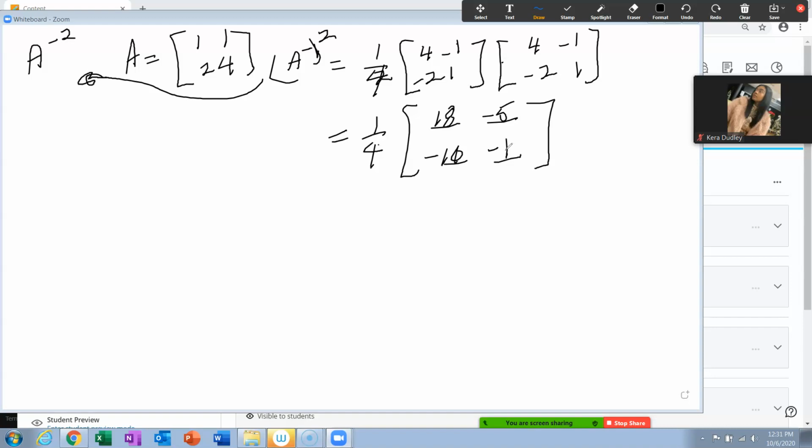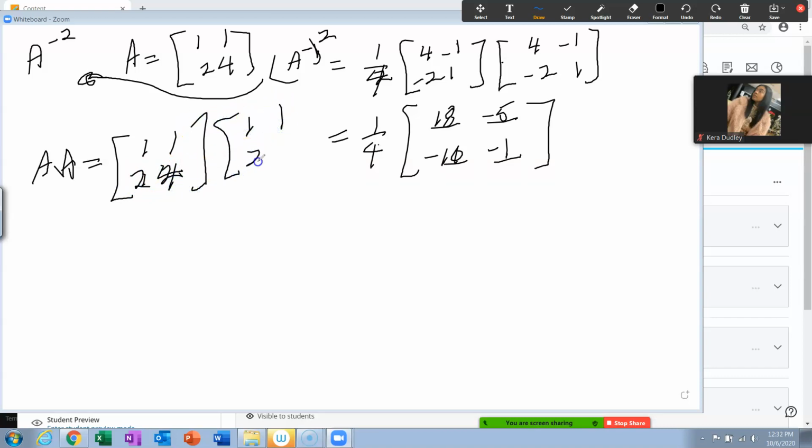So that is one rendition of A to the minus 2. The other is to take A and multiply it by itself. Okay, A times A, and that will be 1 1 2 4, I can't write, times 1 1 2 4. And before it makes me make a big mistake, let's write this as 2 4.